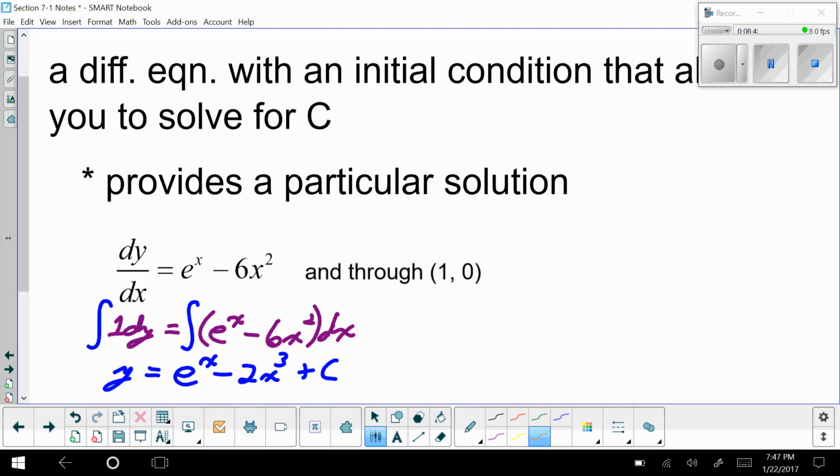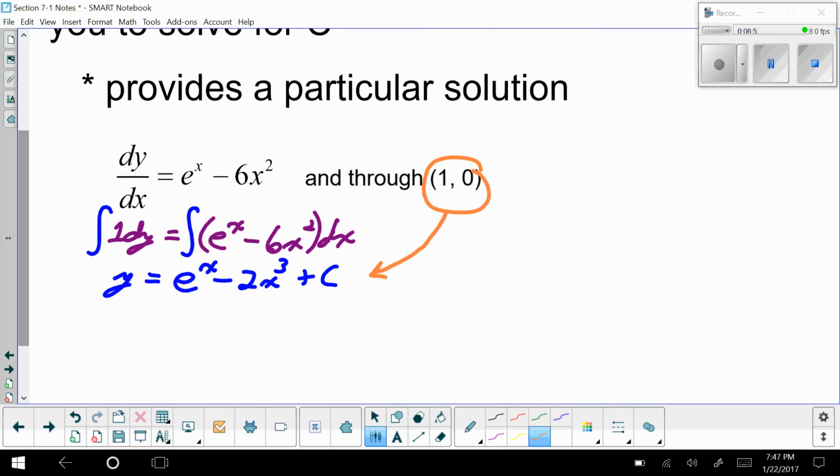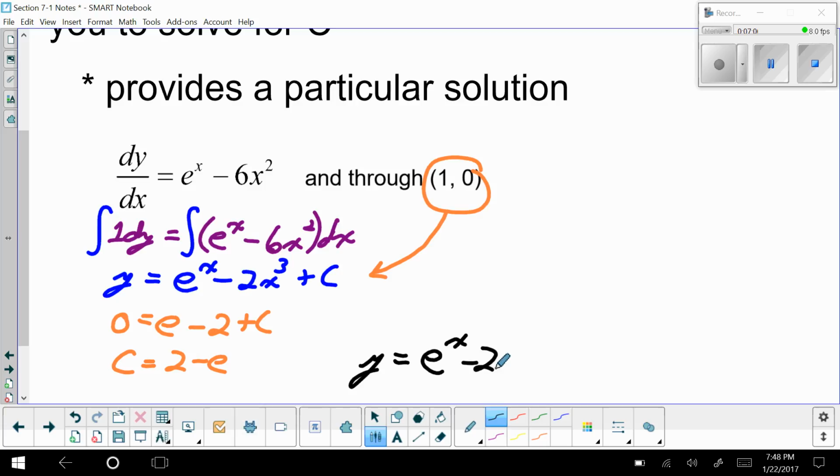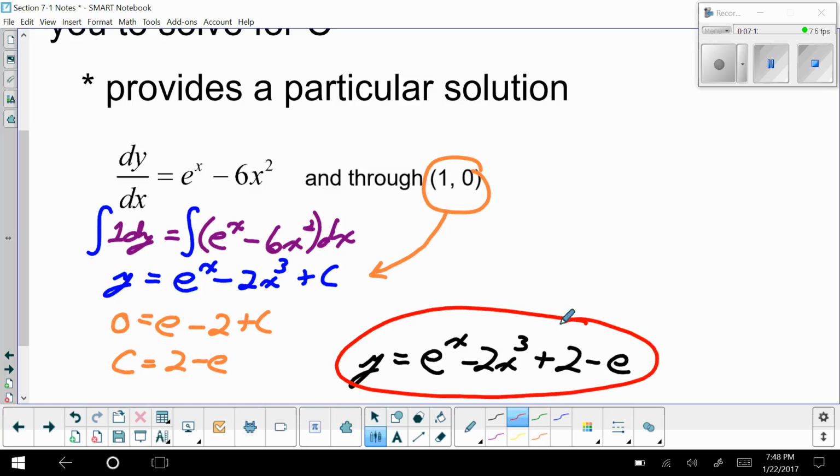And then I can use this information that our function must go through (1, 0), and plug this in to find out what c is. So I would have 0 equals e minus 2 plus c. So c was equal to 2 minus e. And so our function is going to be y equals e to the x minus 2x cubed plus 2 minus e. There is our particular solution.